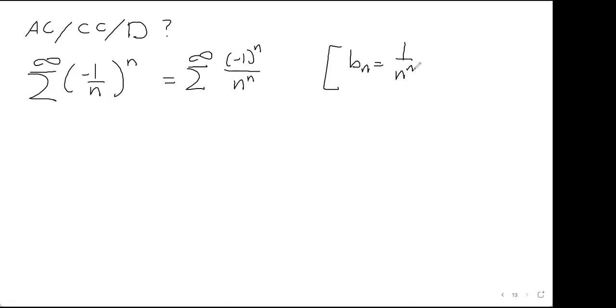The reason why I'm not actually going to go that way is, as originally written, there's this big ol' nth power, and that says use the root test. And the ratio and root test both give you absolute convergence if you're below 1, or divergence if you're bigger than 1.